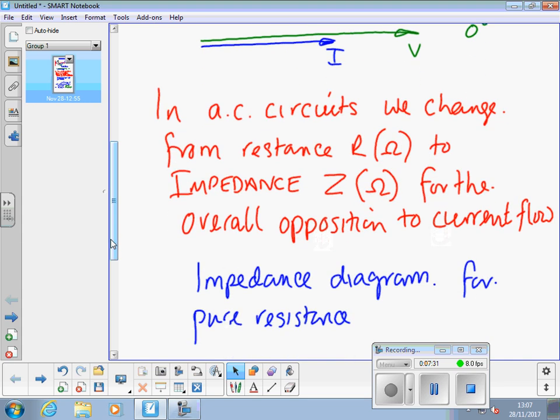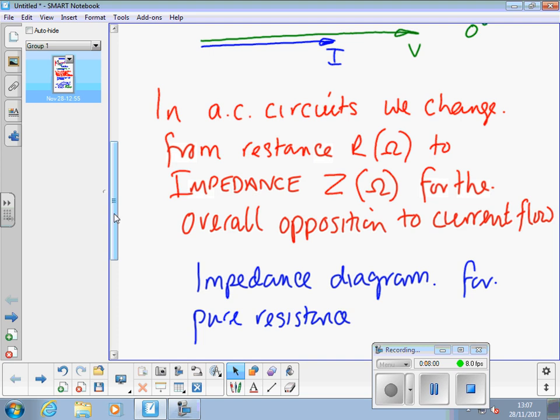In AC circuits we change from using the term resistance in ohms to using impedance Z in ohms for the overall opposition, but that Z can be made up of some resistance and one or other, or both, of capacitive and inductive reactance that we're coming on to soon. Okay, all those quantities are measured in ohms, but are all slightly different in some way.